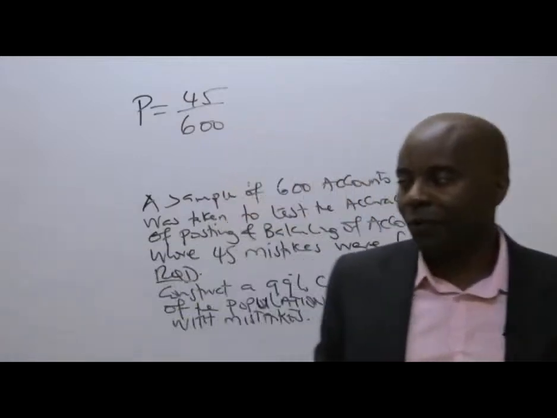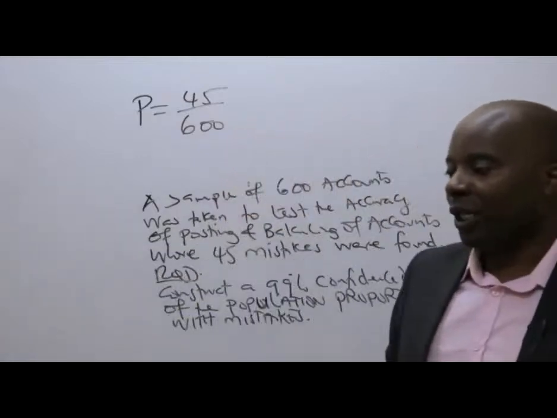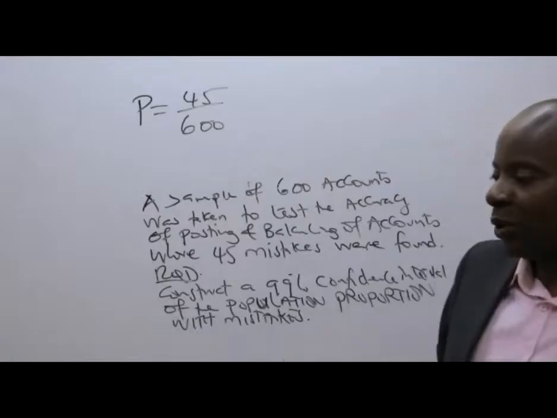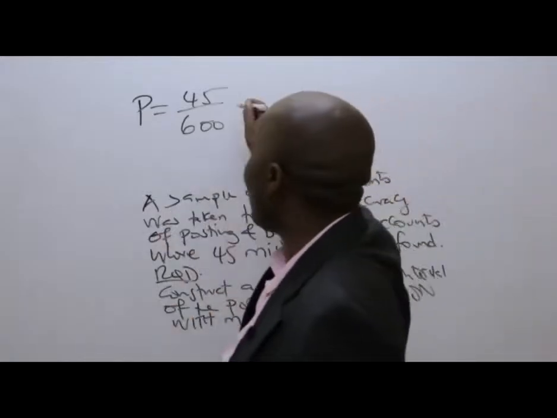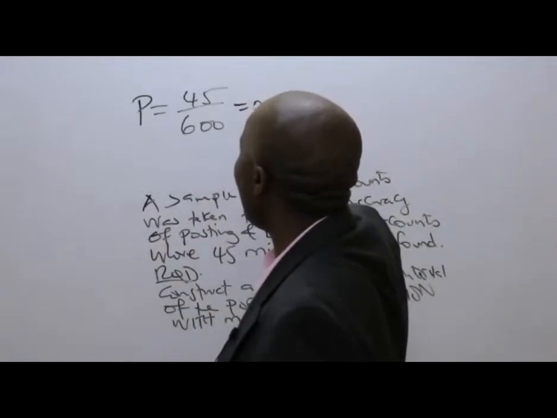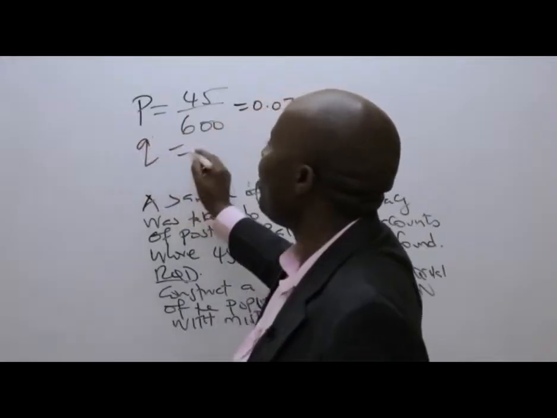What is 45 over 600? I can see HP man giving me 0.075. So then what do you think will be our Q?